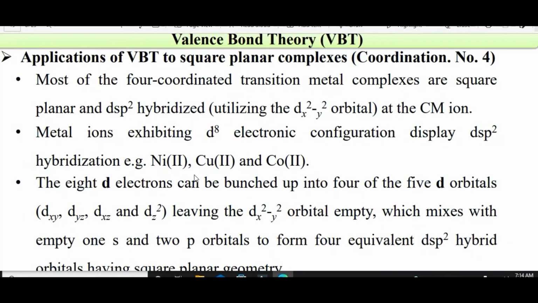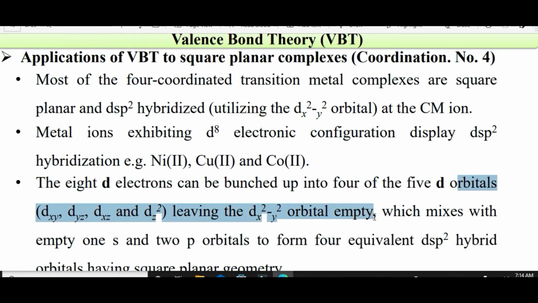Most 4-coordinated transition metal complexes are square planar and dsp2 hybridized, utilizing the dx2-y2 orbital of the central metal ion. Metal ions exhibiting d10 electronic configuration display dsp2 hybridization. The 3d orbitals can be paired up into 4 or 5 d orbitals.